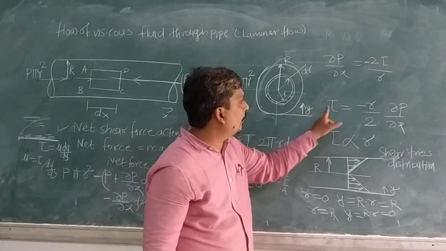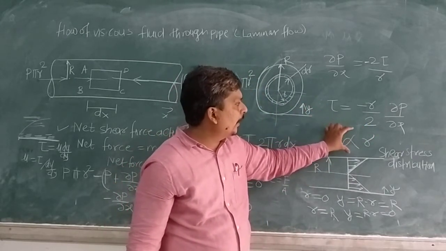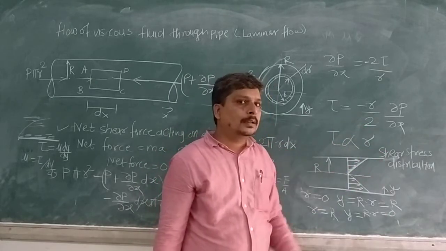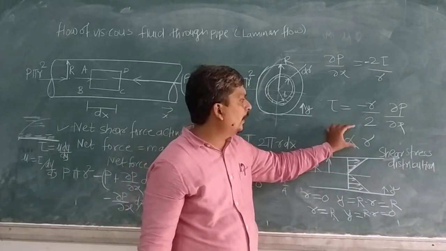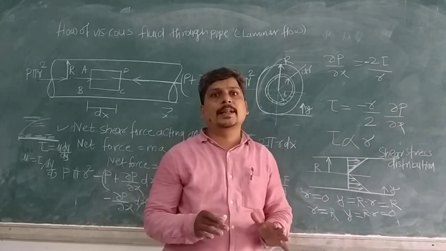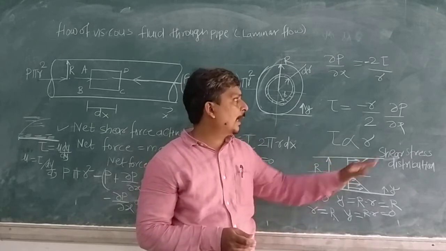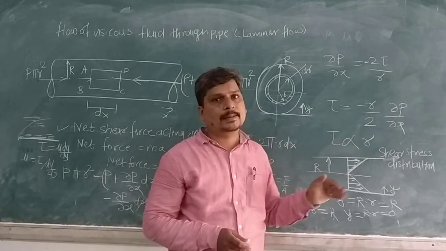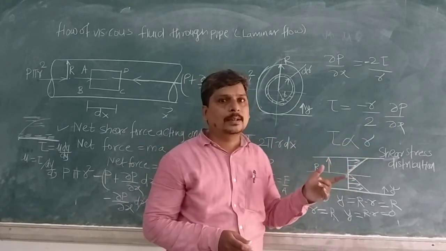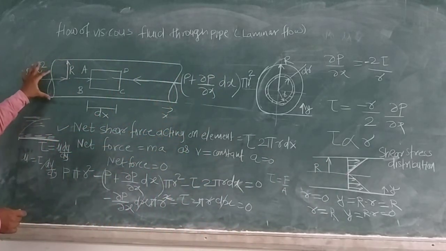From this equation we can see the shear stress varies linearly with r, as delta P by delta x, the pressure gradient along x, is constant. Pressure gradient delta P by delta x is constant along x, because we are considering flow along x.